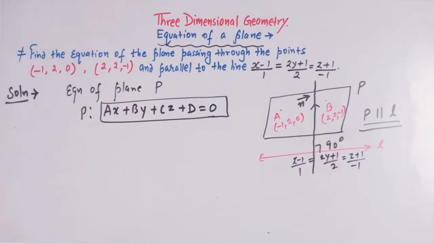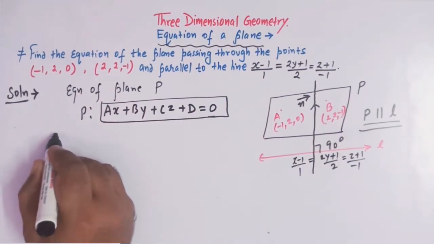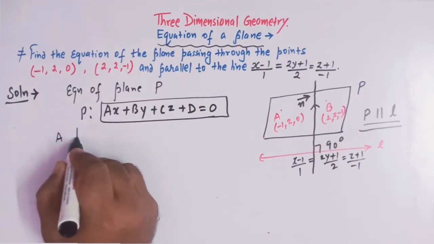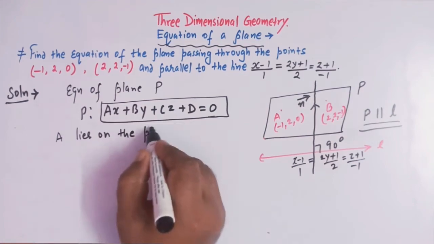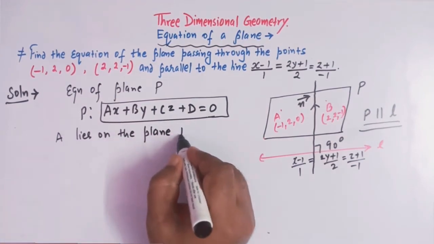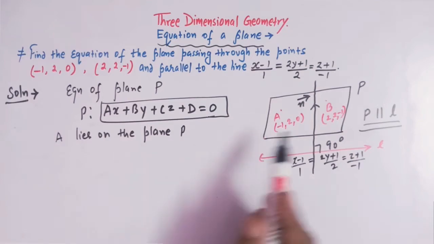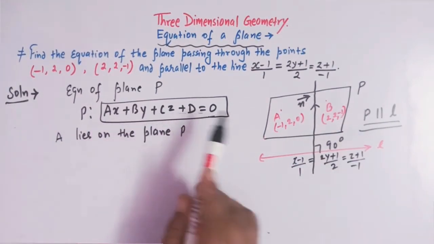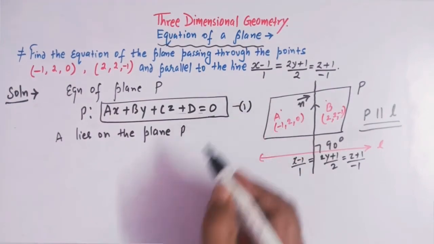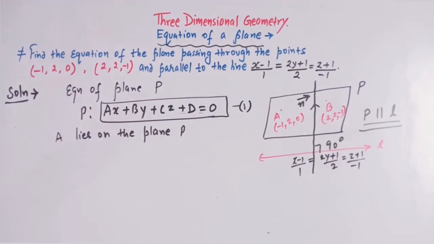And now see here, this point A lies on the plane P, right? So the coordinates of this point A must satisfy this equation, right? So let us call this equation as equation 1.